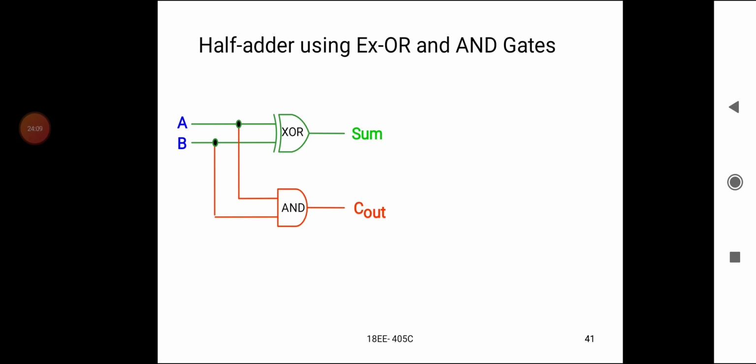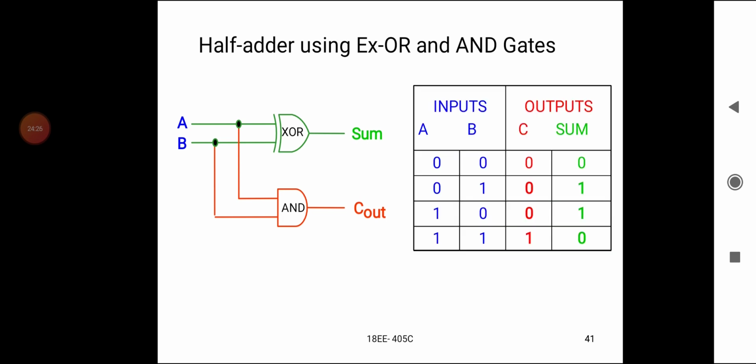So, in order to design a half adder, you require one exclusive OR gate and one AND gate. It is sufficient to design the half adder logic diagram. So, the truth table of the half adder has A and B as inputs.